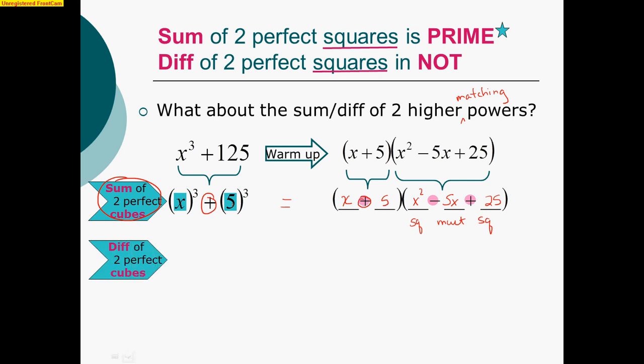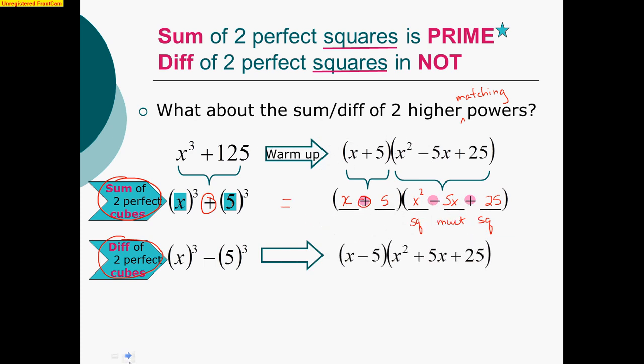And you know what? That pattern also holds for the difference of two perfect cubes. The only change is the sign. x cubed minus 5 cubed factors this way. All the numbers and letters are the same, except for when you start with a minus, the signs in the second factor are all positive. But notice that my square, multiply, square pattern still holds.